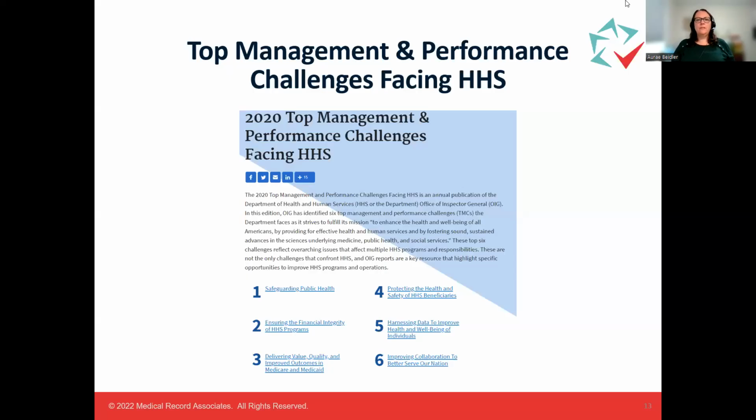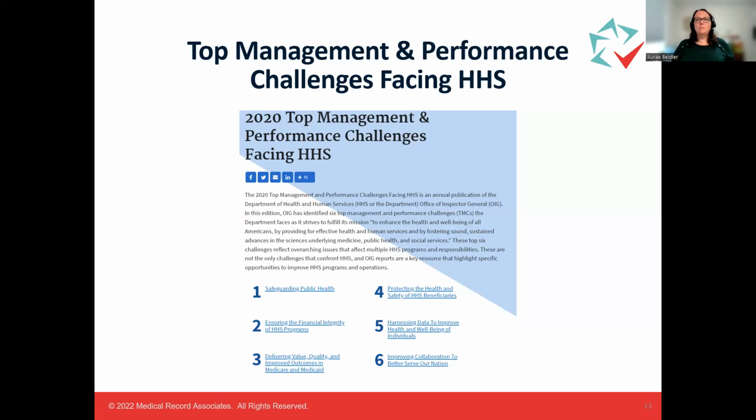So one of the things that the OIG puts out for HHS is the top management and performance challenges facing HHS. And this really leads into the areas you'll see on the OIG work plan, and where you see OIG and HHS will be focusing their attention. And we have a 2021 report as well, which has the same top highlighted areas as it was in 2020.